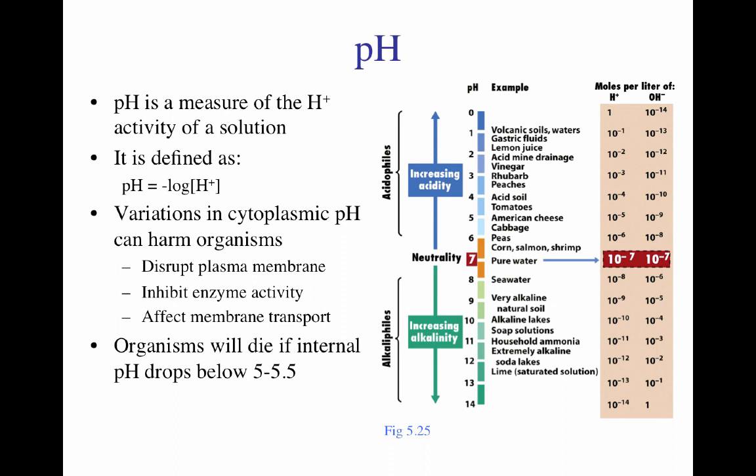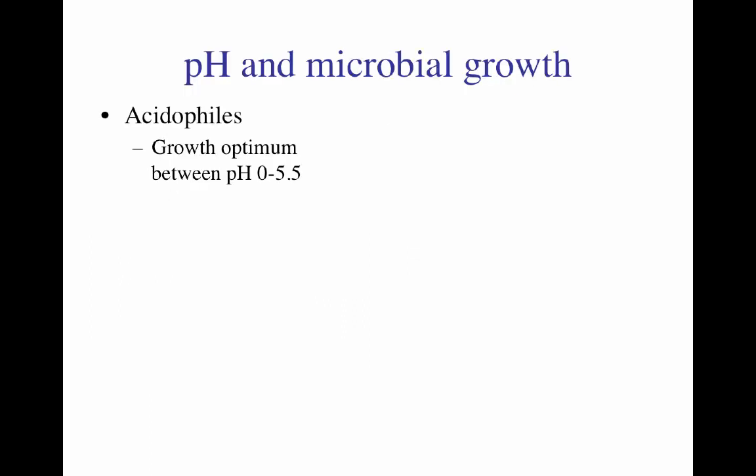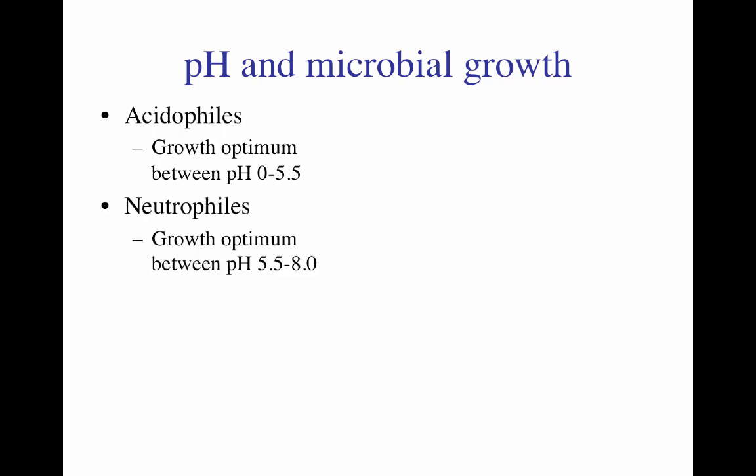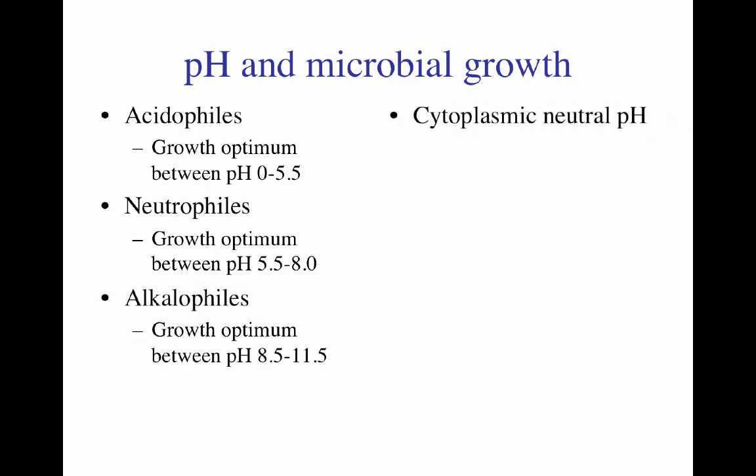But they have to find ways in which they can conquer those different environmental pH changes. So for example, for acidophiles, the optimum pH to grow is between 0 and 5.5, so really acidic pHs. Neutrophiles grow between 5.5 and 8, and alkalophiles are going to grow at a pH of 8.5 to 11.5, very alkaline environments.